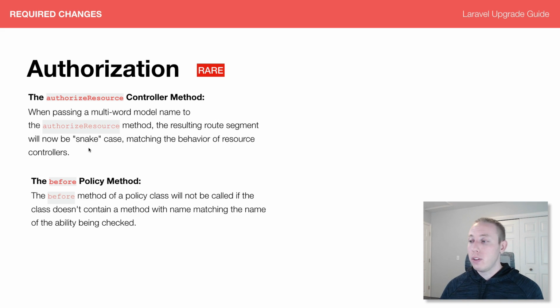So just be prepared for that if you're using this method. Also, the before policy method will not be called if the class doesn't contain a method with the name matching the name of the ability being checked. So if you're trying to call a name that doesn't exist, it's not going to call that.